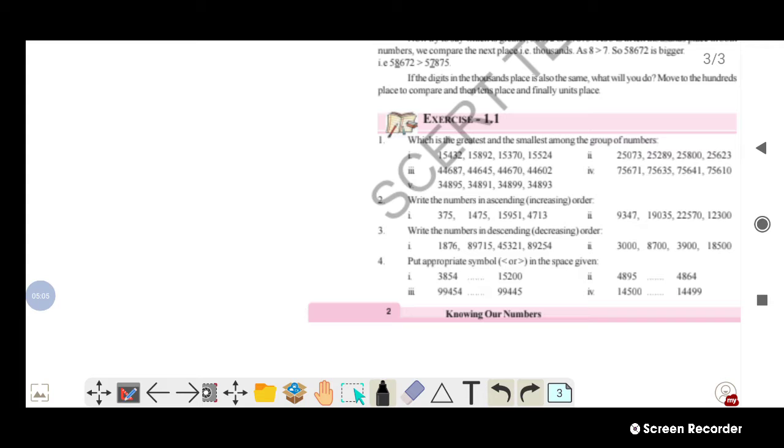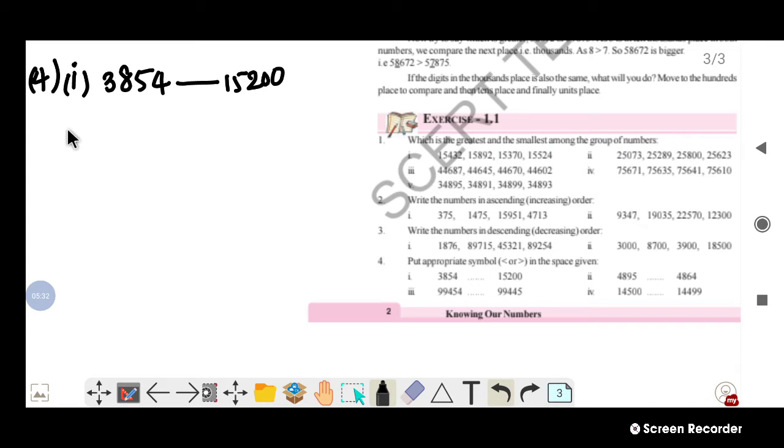Now you can see this one, first question in the fourth bit. What is the first question? 3854, dash given, and 15200. Okay, I'll write all the questions, then after that I'll explain.